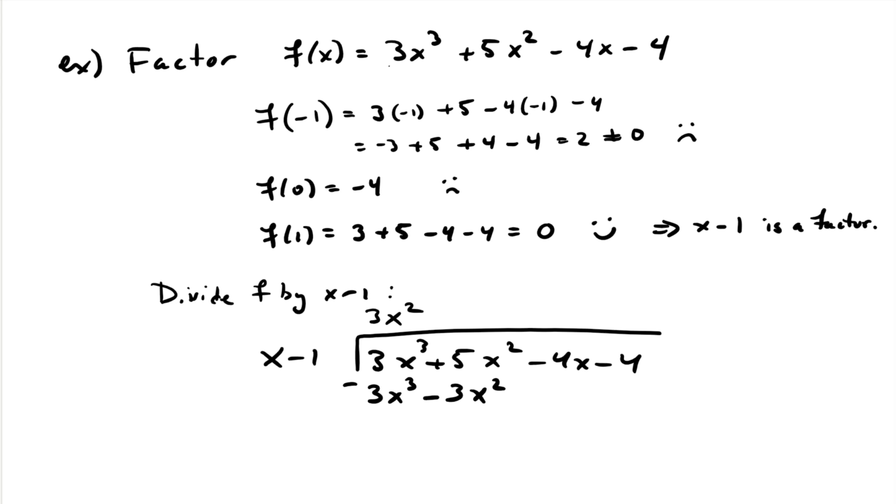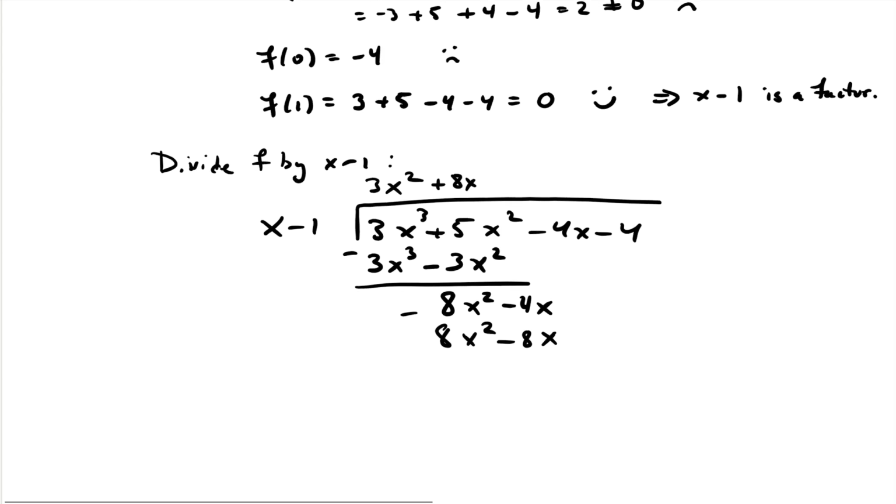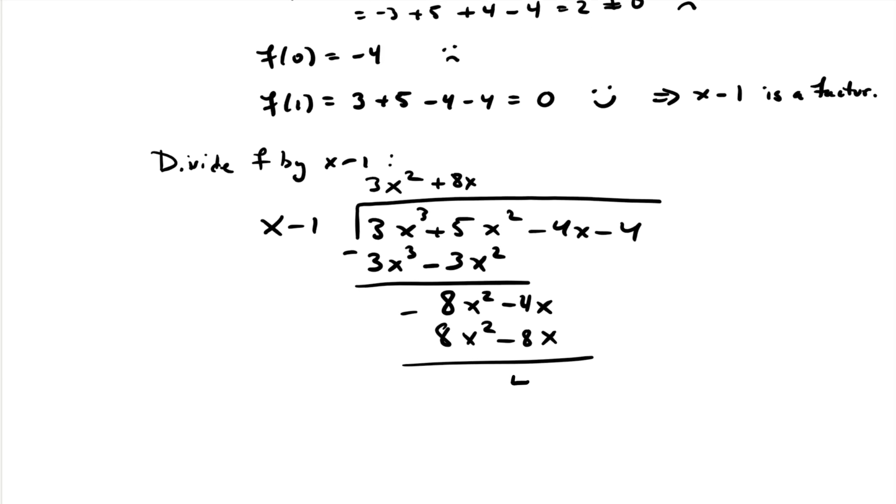Okay, I'm going to get this right. 5 minus minus 3, that's 8x squared minus 4x. x times 8x will give me 8x squared. Now I subtract. Minus 4 plus 8 is 4. x times 4 is 4x. And bring down the minus 4, and bingo.